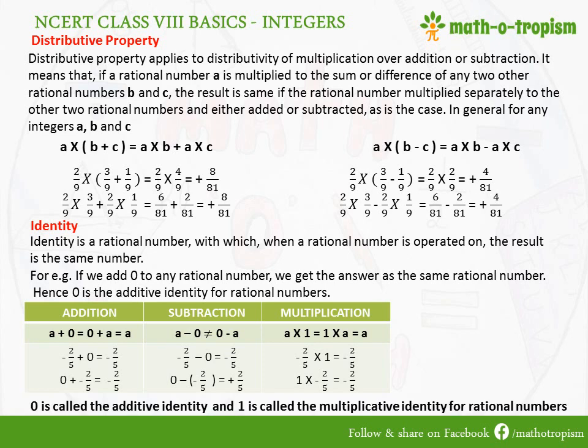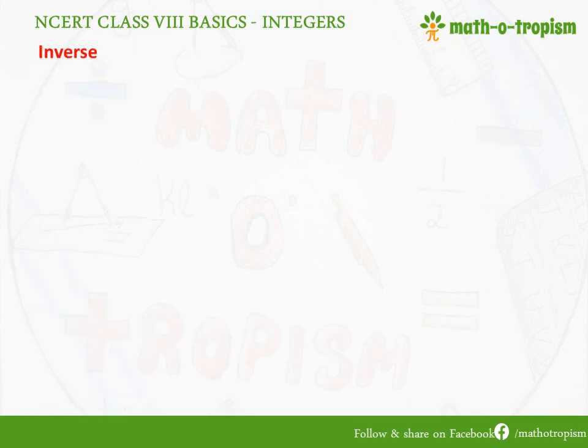Hence, 1 is called the multiplicative identity for rational numbers. Division, again, is not possible, because if we invert them, we will get the reciprocal answers, and hence there is no division identity for the rational numbers. So 0 is called the additive identity and 1 is called the multiplicative identity for the rational numbers.